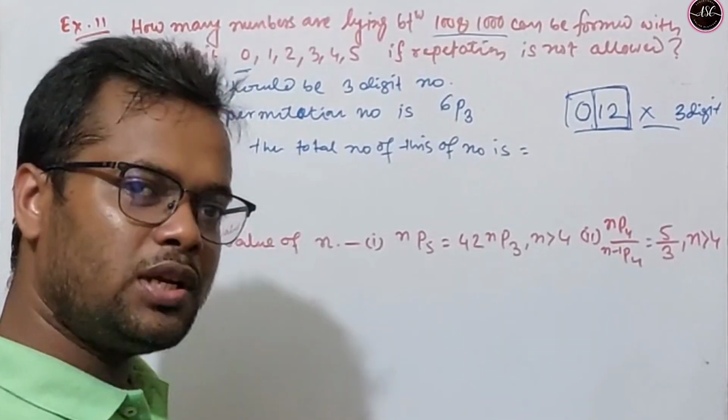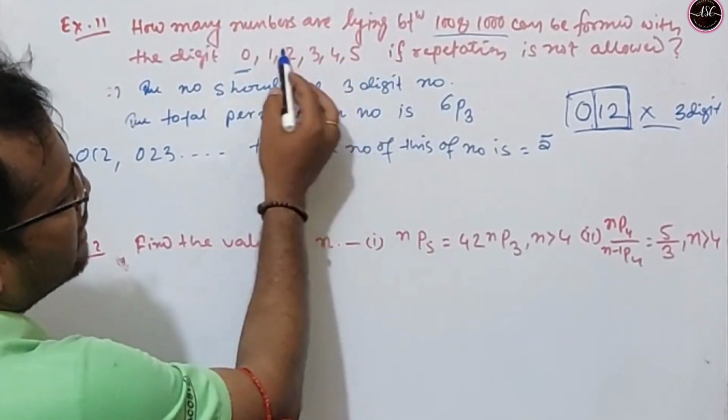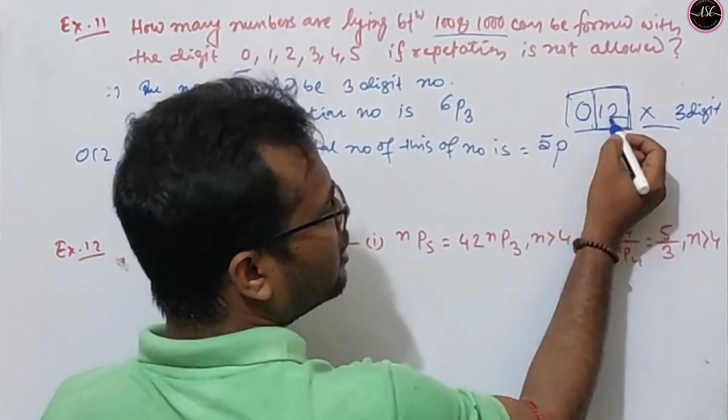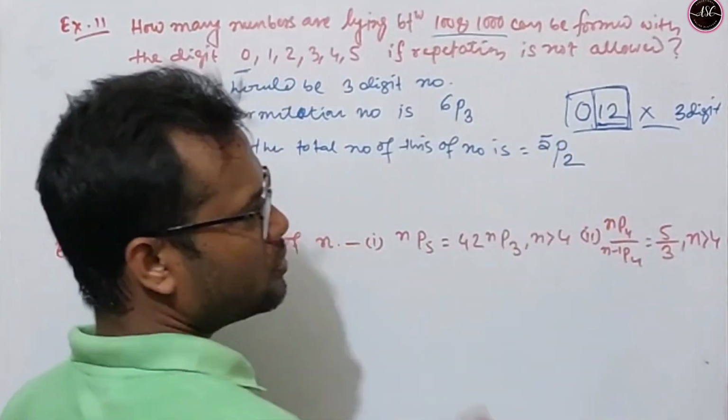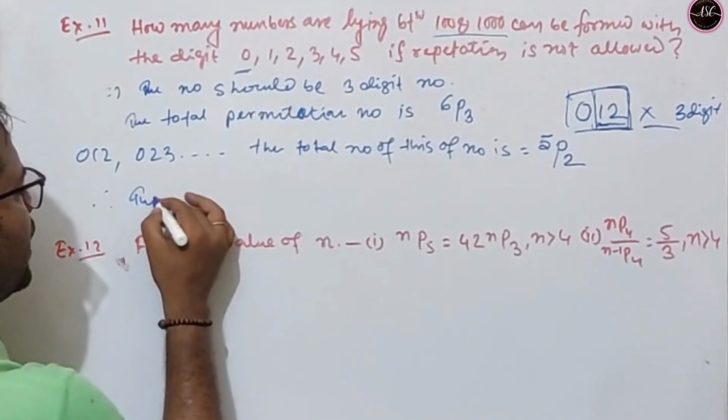So it is 5P2, where 0 is removed and there will be 2 numbers.